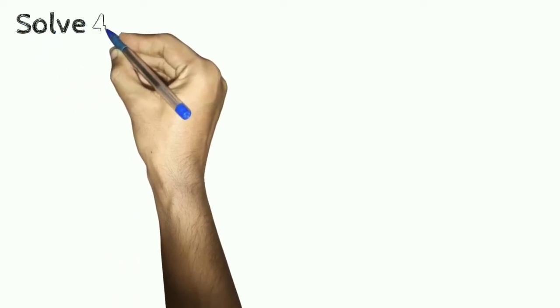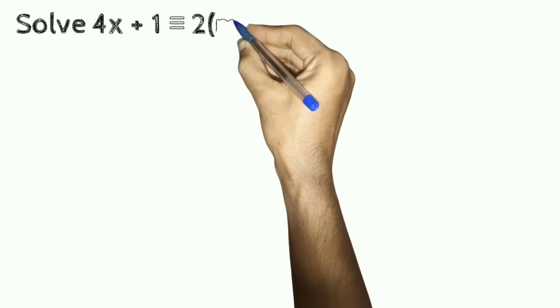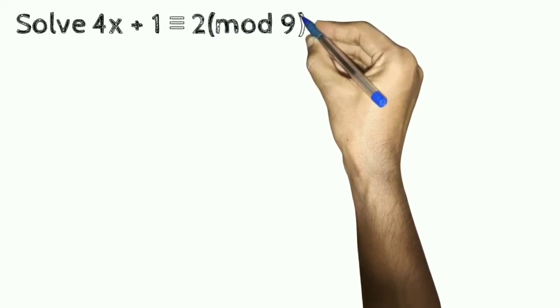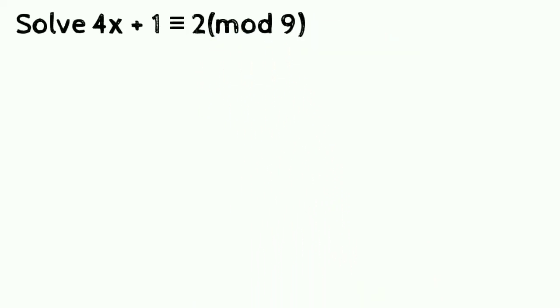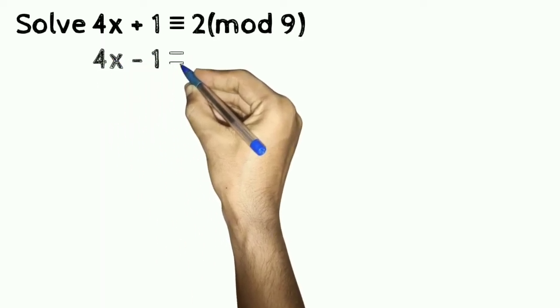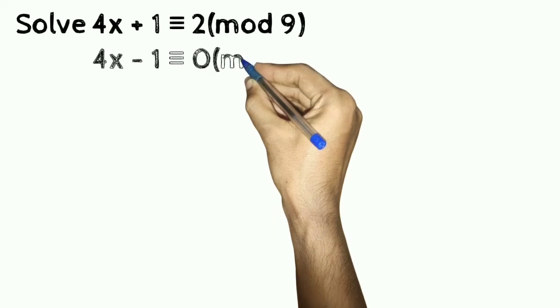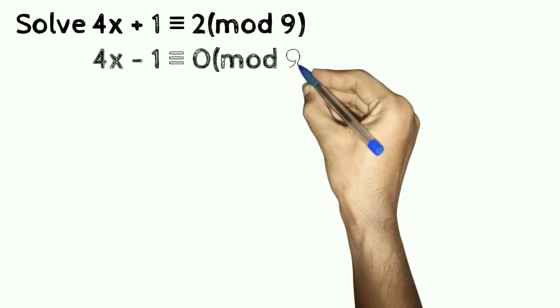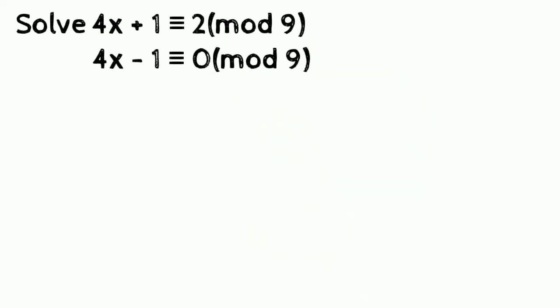Solve 4x plus 1 and 2 are congruent modulo 9. Equivalently, this is 4x minus 1 and 0 are congruent modulo 9. Saan galing yung negative 1? Galing siya sa 1 minus 2. 1 minus 2 is equal to negative 1. Our n here is 9.